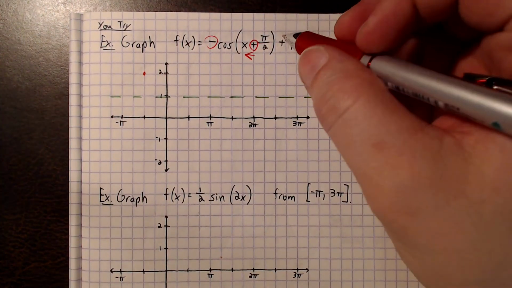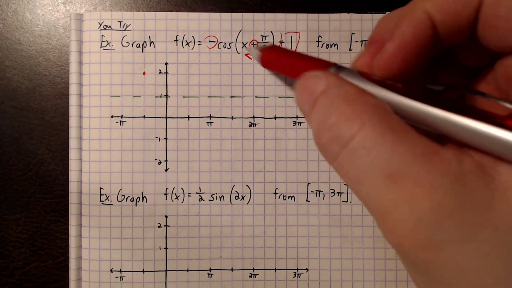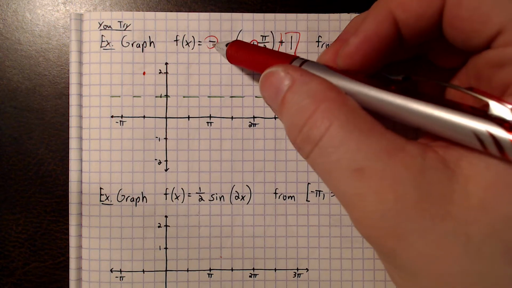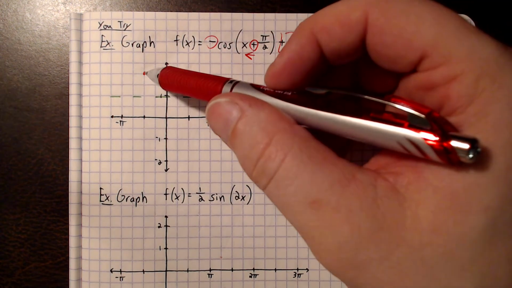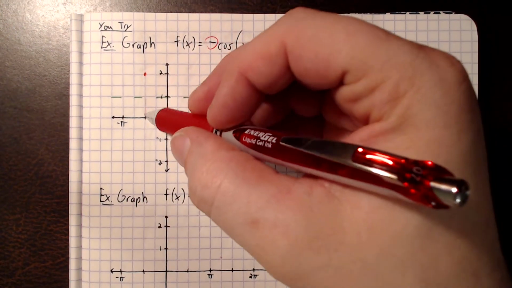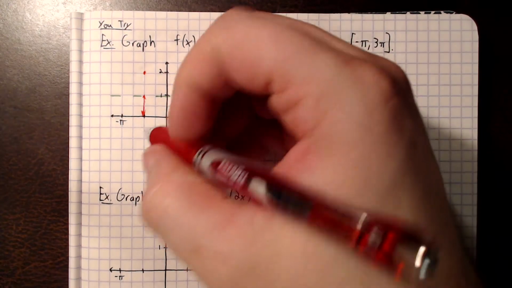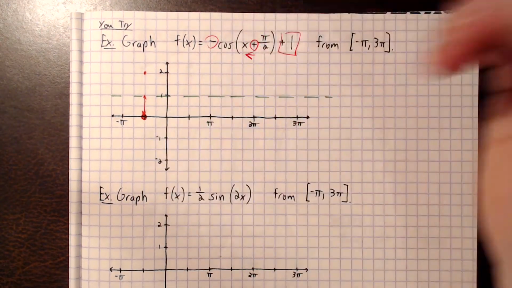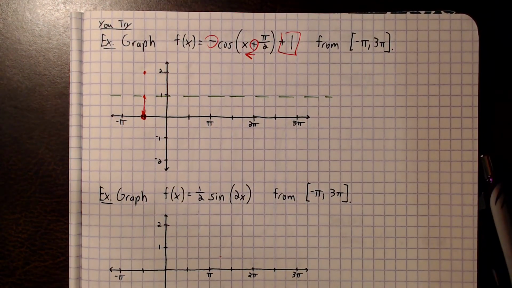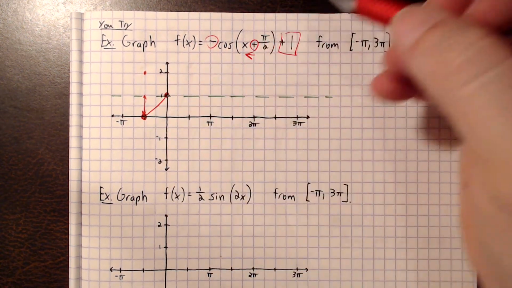And that seems to be all the things that we needed to worry about for cosine, right? It's just shifting back, and it's flipped. It's flipped. So no, it's not starting up here at 1, right? It's starting down here, negative, we'll say negative amplitude. So it should be starting down here at 0. And then where does it go from here? It's going to have to go up, right?